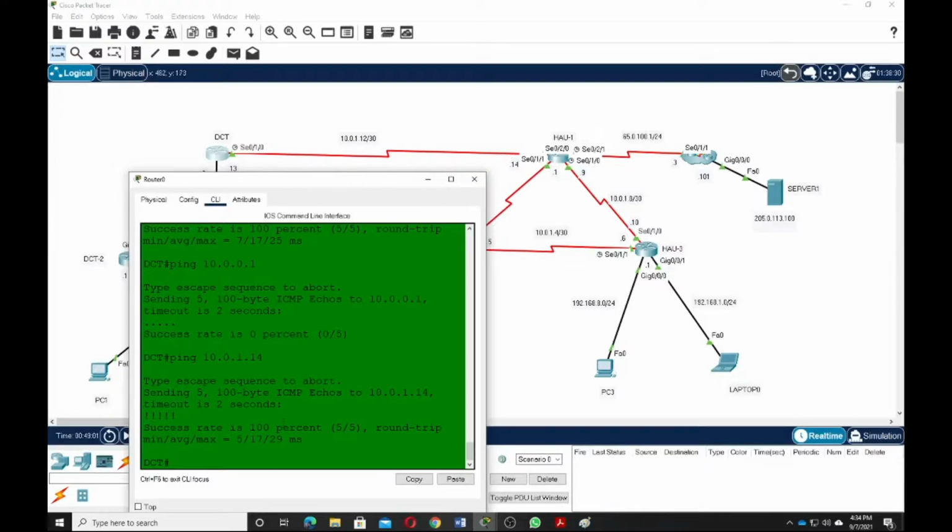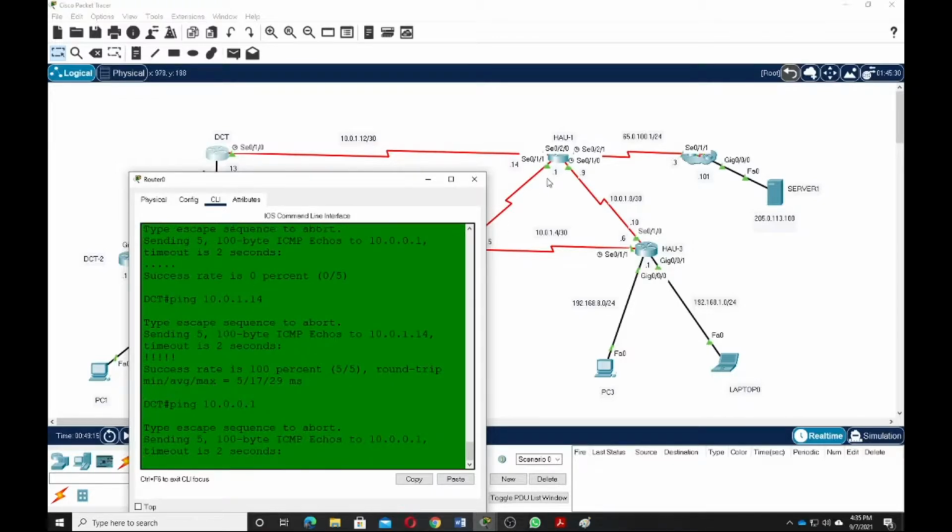But if I ping from DCT to serial 0/1/1 of that one, this interface, it will not connect because these are remote networks from the DCT network.